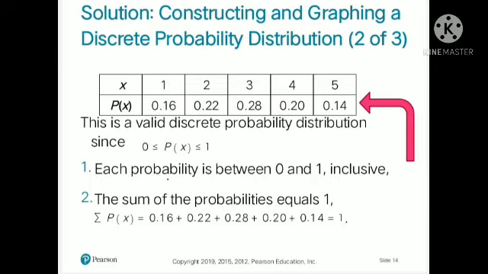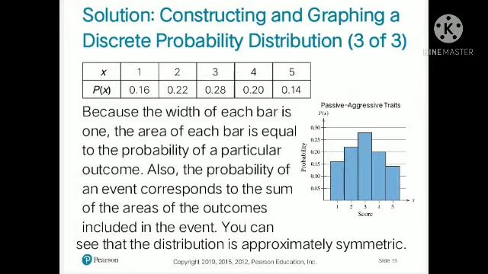So this is a valid discrete probability distribution since the probability of X are greater than or equal to 0 and less than or equal to 1. And also the sum of the probabilities are equal to 1.